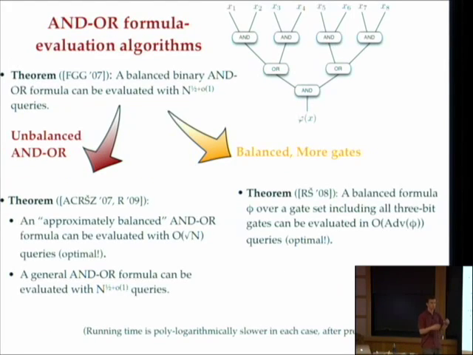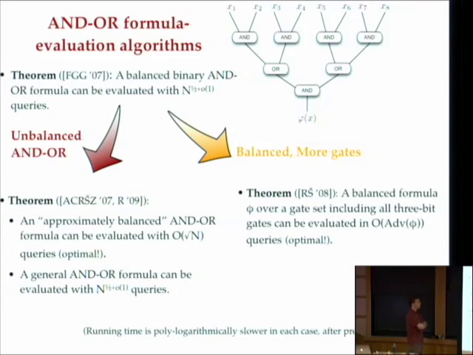The second puzzle we're going to solve in this talk is the problem of evaluating formulas. This started back in 2007 with a breakthrough result by Farhi, Goldstone, and Gutmann. They showed that this balanced binary AND/OR formula shown at the right can be evaluated with a little bit more than square root of n queries.